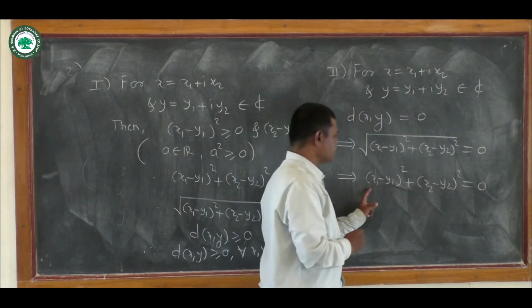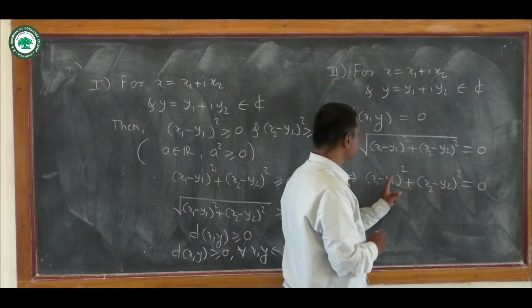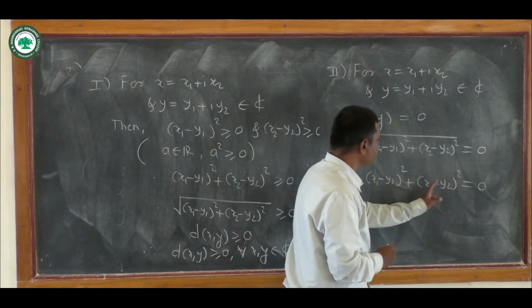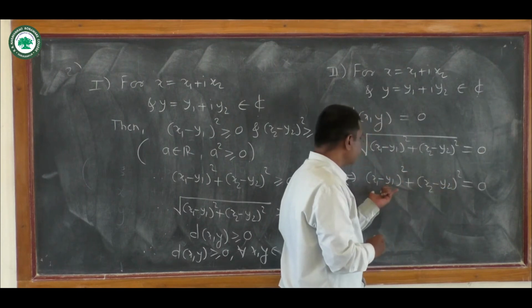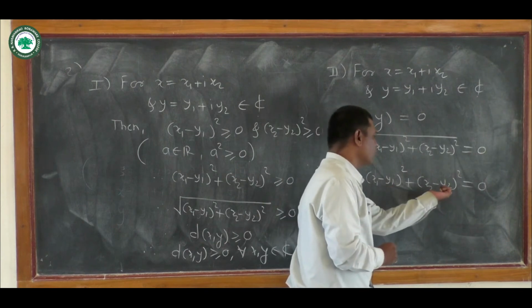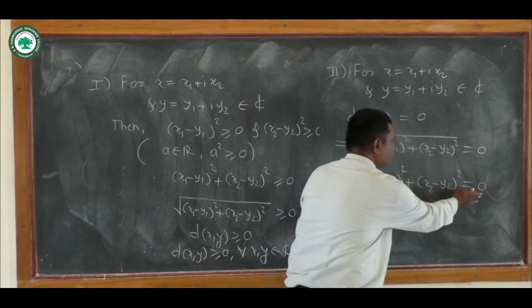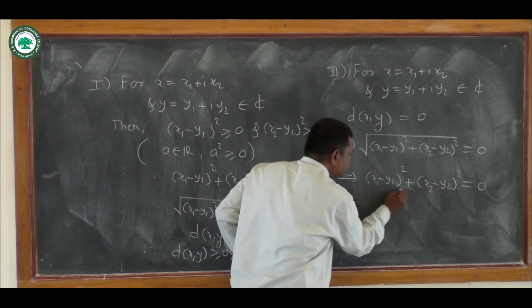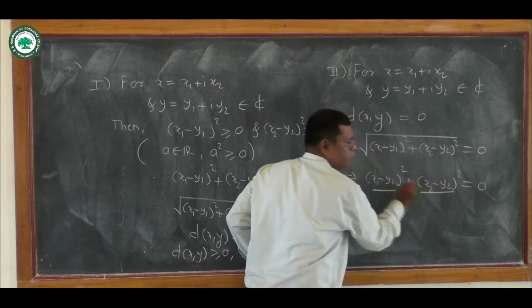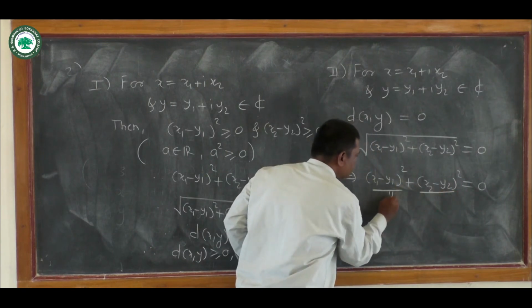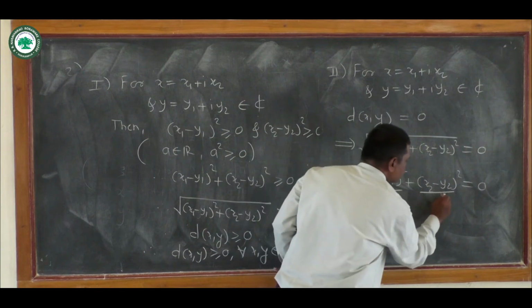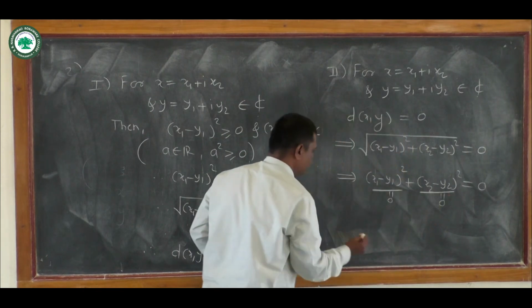Now this expression is x1 minus y1 bracket square plus x2 minus y2 bracket square. It means that this is non-negative, this is also non-negative, and their sum is 0. It means that each term must be equal to 0.